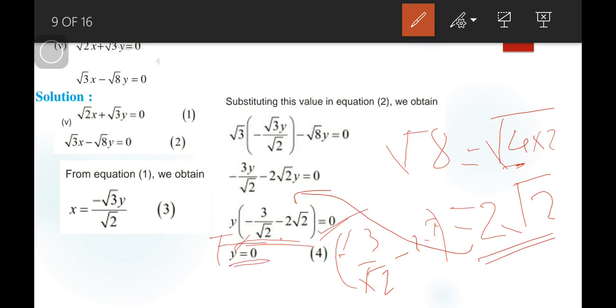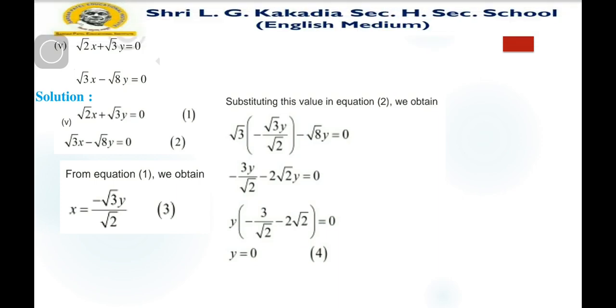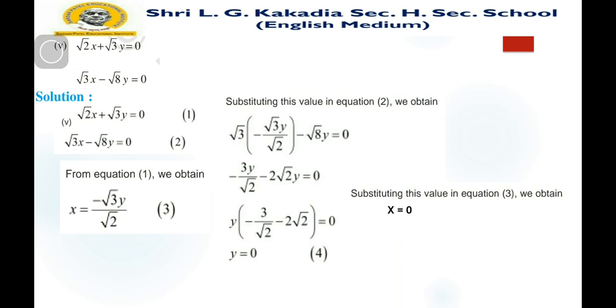So we get the value of y is equal to 0. If we put this value in any of the equations, then we get x is equal to 0. So substituting this value in equation number 3, we get x is equal to 0. So this line passes through the origin.